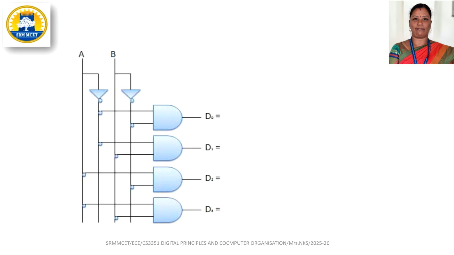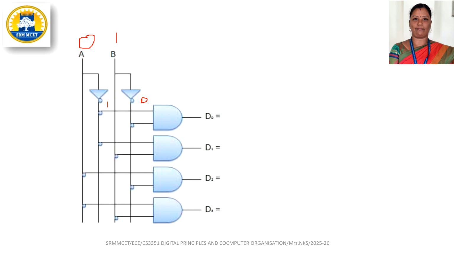Let us see, for example, if the input is 0, 1, how it will happen. Here it will be 1 and here it will be 0, because this NOT gate will invert it.